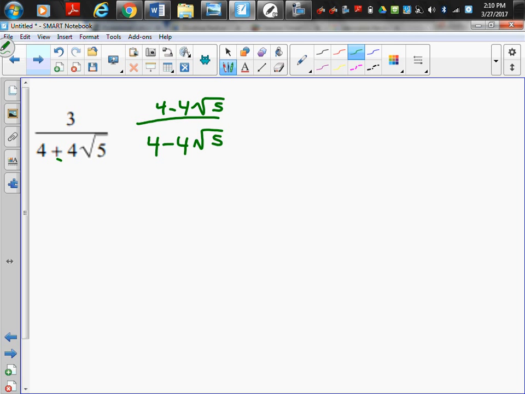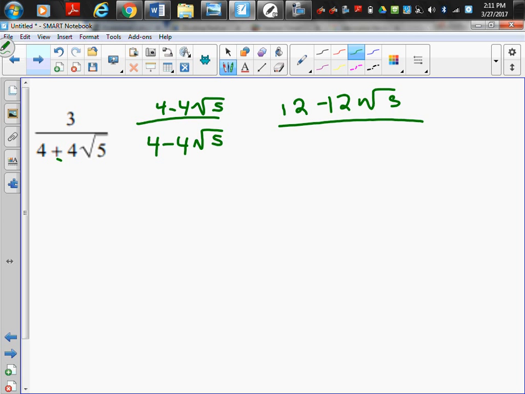Alright. So 3 times 4, I mean, 12. 3 times negative 4, negative 12. Alright, so there's the numerator.